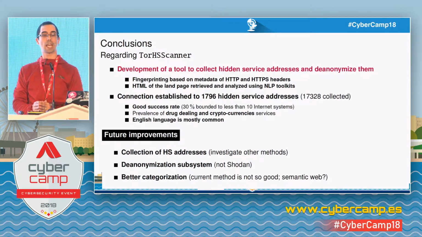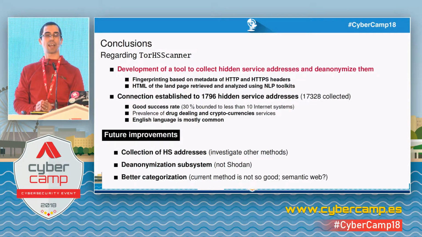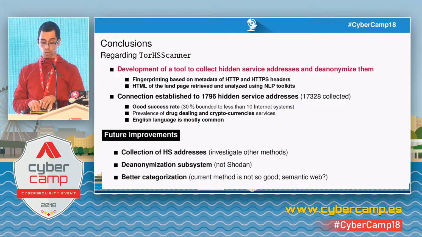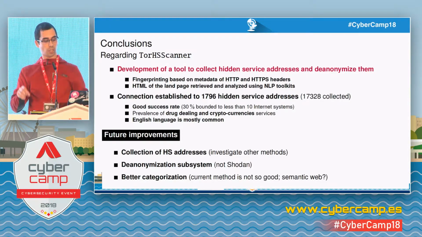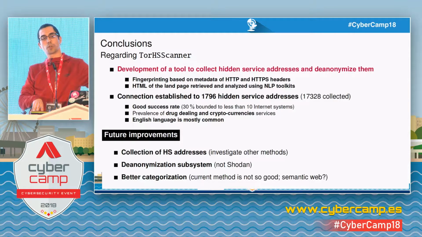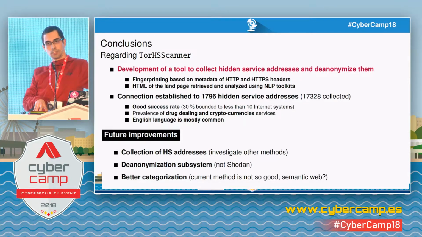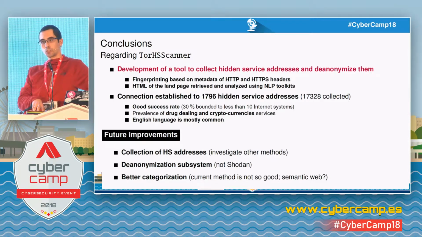So, future improvements, several of them. We can improve the way in which we have collected all these unknown addresses. Also, one of the top problems that we find is the subsystem of de-anonymization. The thing is that we've been using Shodan. Have you used Shodan ever?